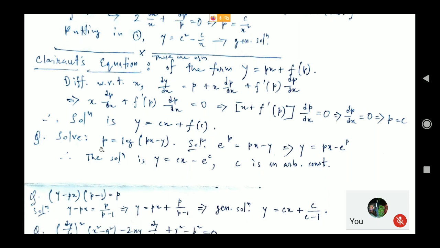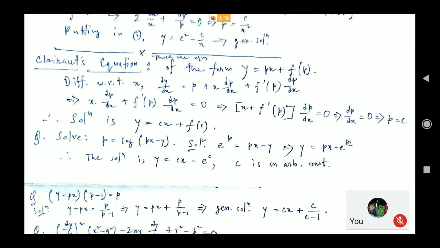So for example, if we want to solve this, p equal to log of px minus y, let us see if we can put it into this form. Originally it is not in this form, so this means e to the power p equal to px minus y. So we can separate y from other variables, y equal to this. So it is now in this form, y equal to px plus a function of p.